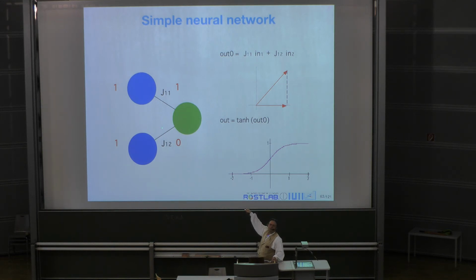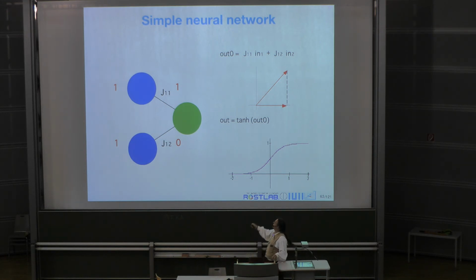You do the same here. This unit actually sums over this product. So input times J12, input times J11. You add these two, that comes into the left side of the green unit. Out comes a functional filter of that.